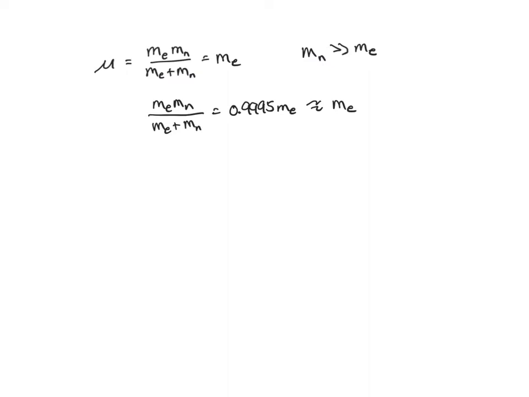So if we're going to solve this problem in spherical coordinate systems, we need to write down what del squared, the operator for the gradient, is equal to in spherical coordinates.